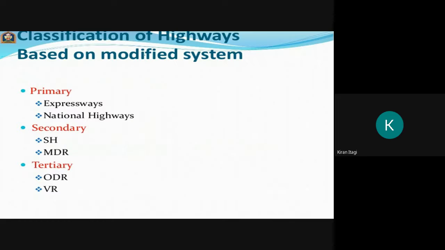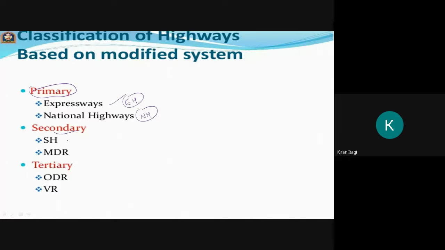Now, classification of highway based on the modified system. In primary, we get expressway or express highway. Next, we have national highway.